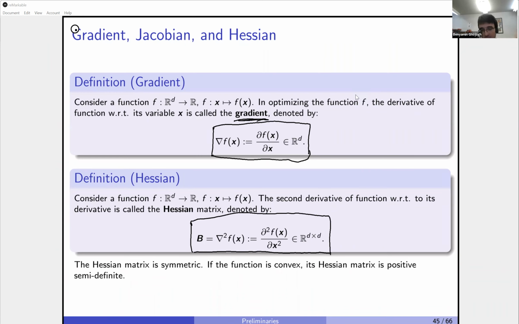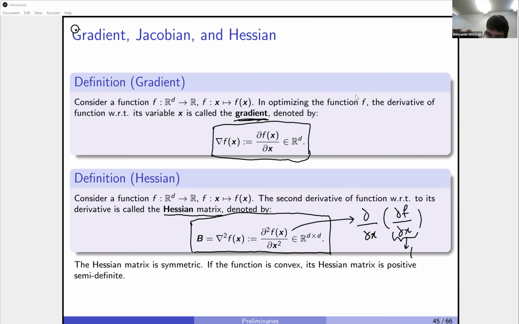When the input is a vector, usually we call it the Hessian. It is a matrix. Why? Here, the gradient was a vector because the input was a vector, output was a scalar. Input is a vector, but note that we are taking the derivative of the derivative.